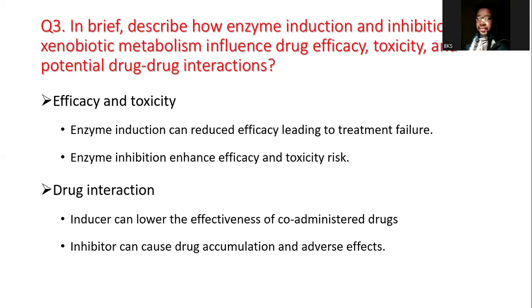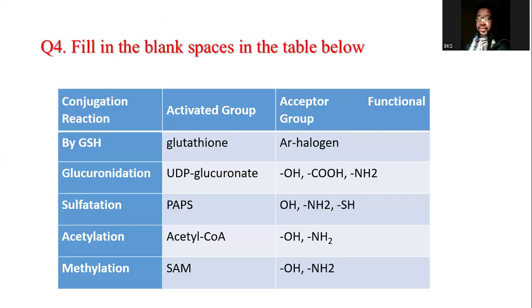But because it accumulates for a longer period of time, it can put someone at risk of toxicity. Also in the case of drug interaction, the same thing happens. An inducer can lower the effectiveness of a co-administered drug, or an inhibitor can cause drug accumulation and adverse effects. So the two points are actually similar, but you can explain them in a few terms.